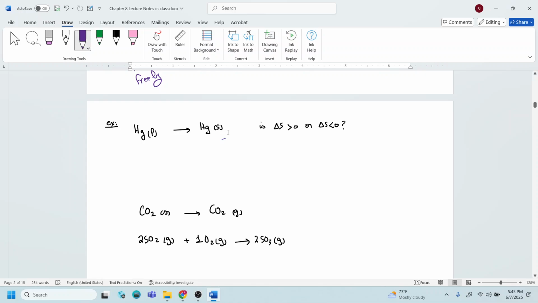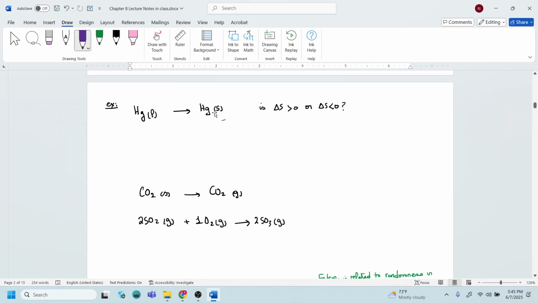And you are going to be asked, okay, what is the sign of the entropy in this reaction? So what you need to look for is what you start with versus what you make. So you need to look at your reactants and your products. So I'm going from where? I'm going from a liquid state, and I know that in the liquid, molecules have a little bit more motion.